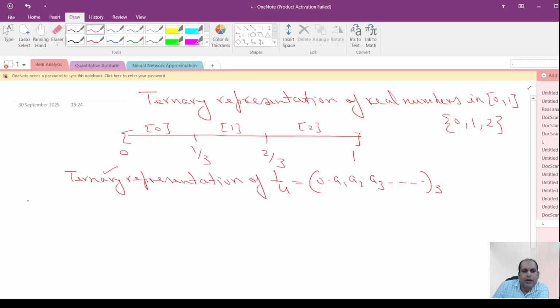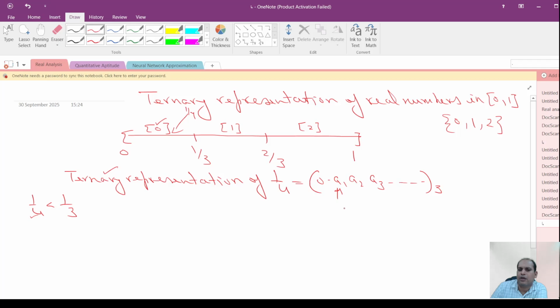Clearly 1/4 is less than 1/3 because its denominator is more than 3. So 1/4 will lie somewhere in this interval, and we will allot this digit 0 at the first place.